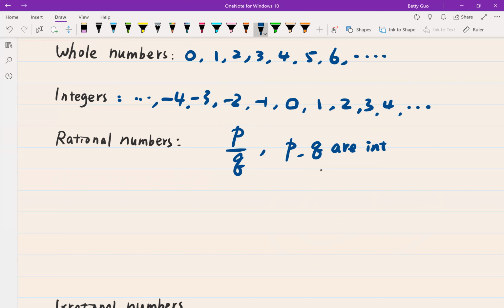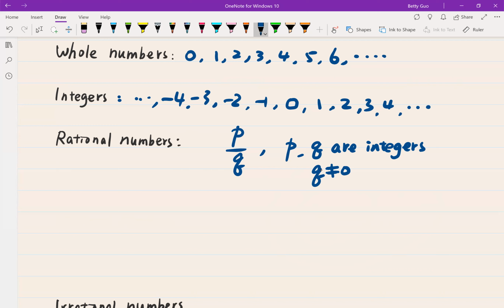We have just learned what is an integer. The denominator Q has to be non-zero. It's kind of like common sense in algebra.